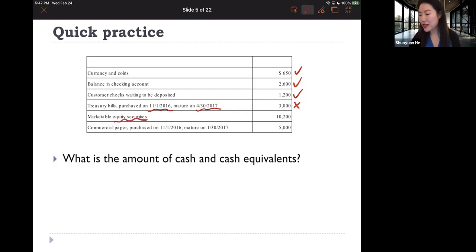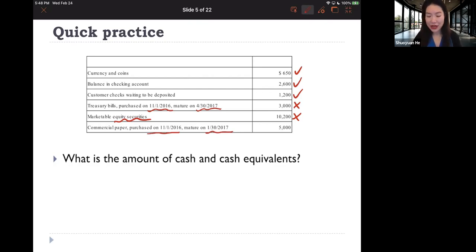Marketable equity securities, this is not, because equity securities have no maturity date, and it depends on the market condition, so when you want to liquidize it may cause some loss for the firm. So it is not cash and cash equivalent. Commercial paper purchased on November 1st, mature on January 30th.